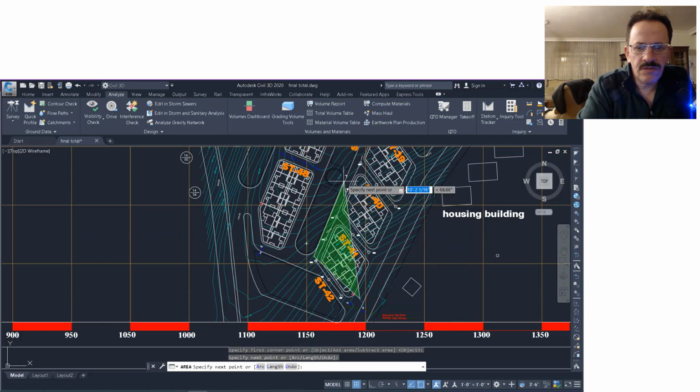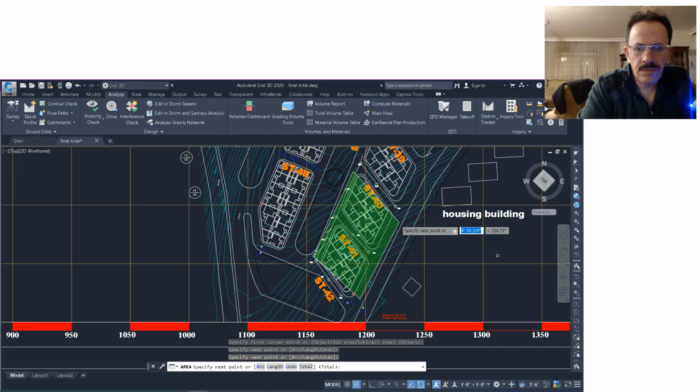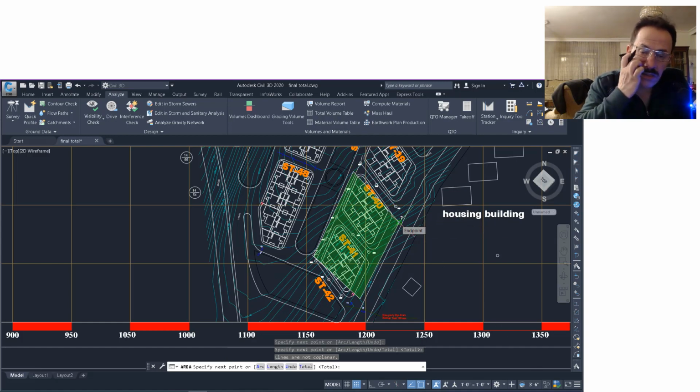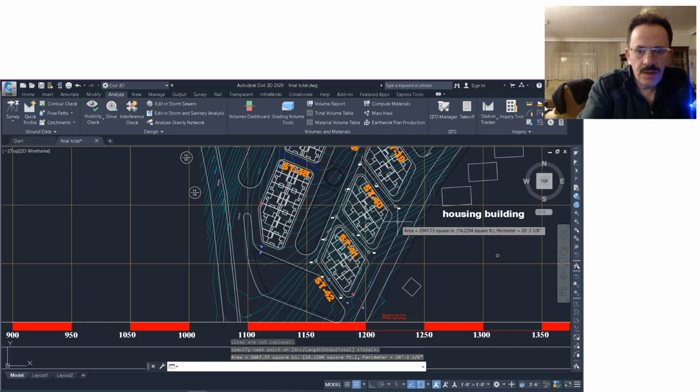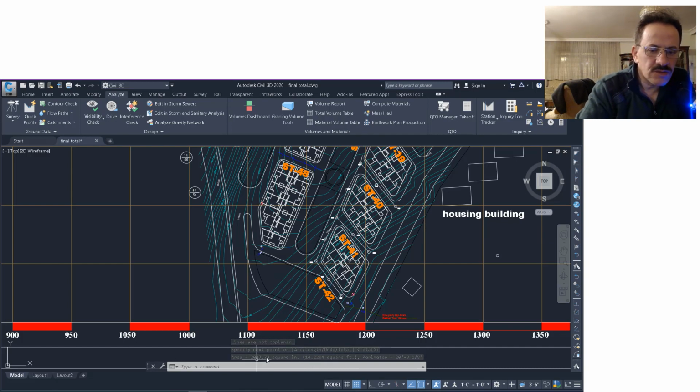For example, if I want to take this area, I can just enter. It will give you 2047.